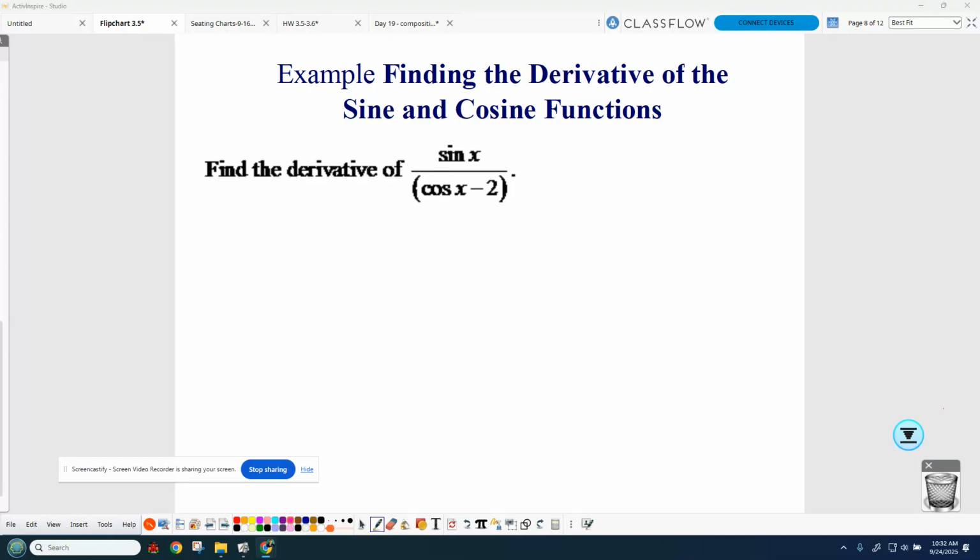Constantine, what'd you get? I got cosine squared x minus 2 cosine x plus sine squared x over cosine x minus 2 squared. Okay, say again? Cosine squared x minus 2 cosine x plus sine squared x over cosine x minus 2 squared.